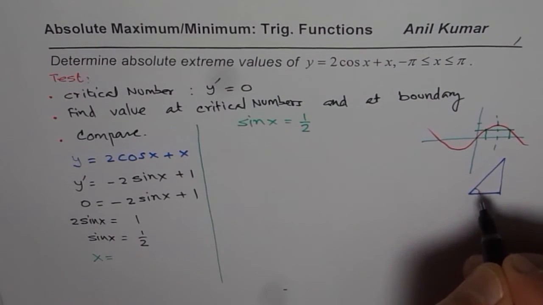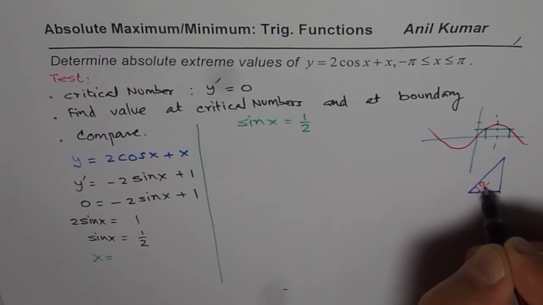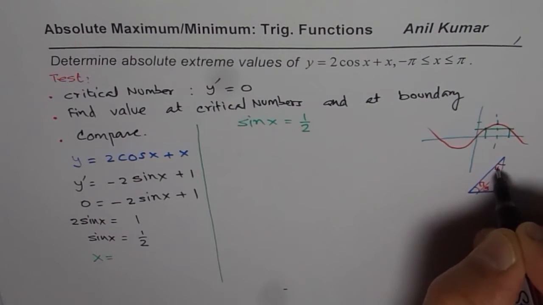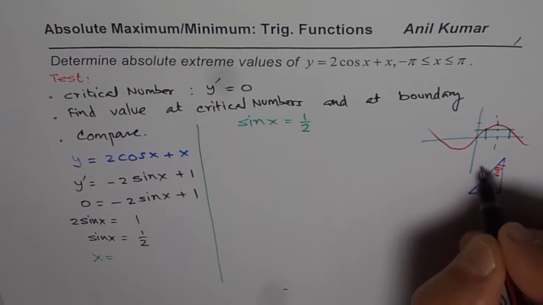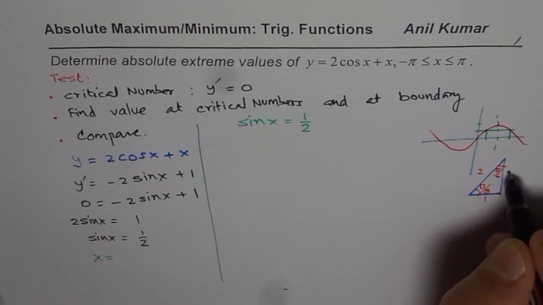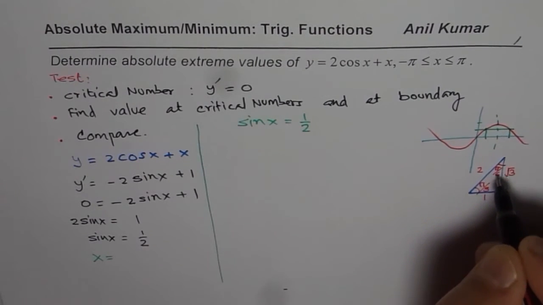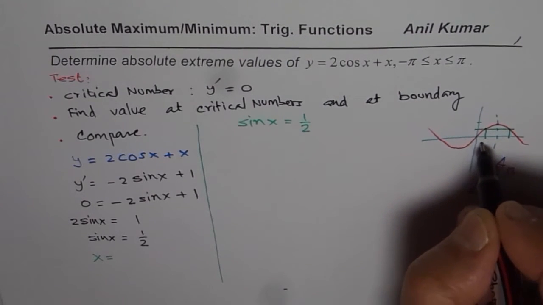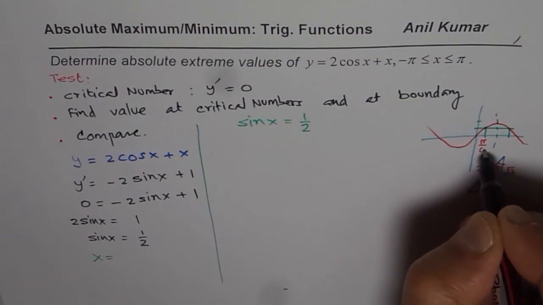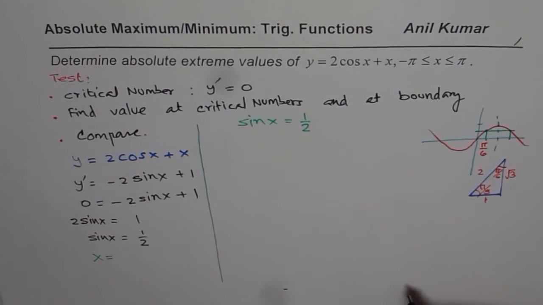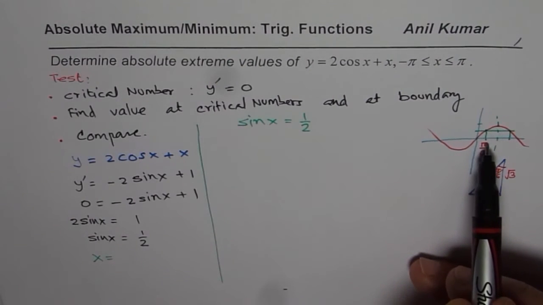As we know, if this is pi by 3, this is pi by 6. In that case, we have a special triangle which looks like this. And pi by 6 is what gives you half. So we know this is pi by 6 for us. That gives you half, right?